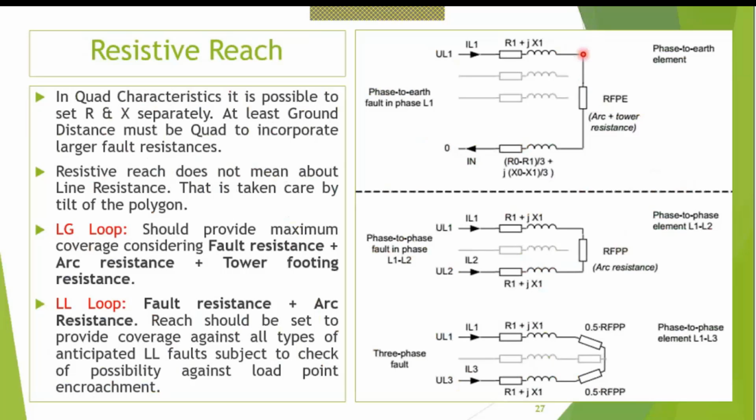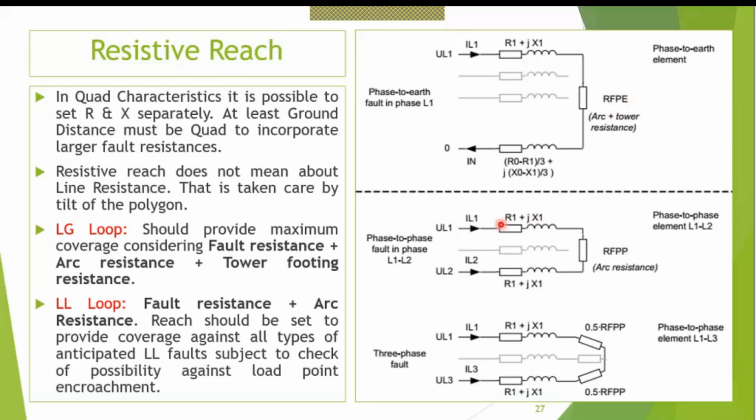Okay. Now, see, this is a phase to earth fault loop in L1. We have the line resistance also, but remember, line resistance is taken care of by the tilt of the polygon. Line resistance does not mean the fault resistance. Fault resistance is the arc and tower footing resistance, which in the ABB REL670 relay is mentioned very well by this parameter RFPE, resistance to fault for phase to earth loop. That is the meaning of this acronym.